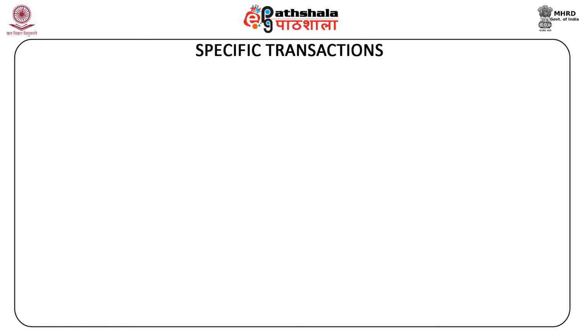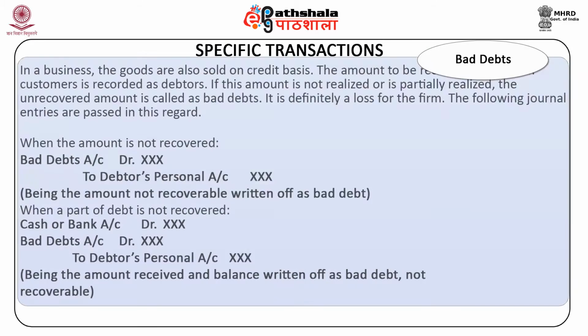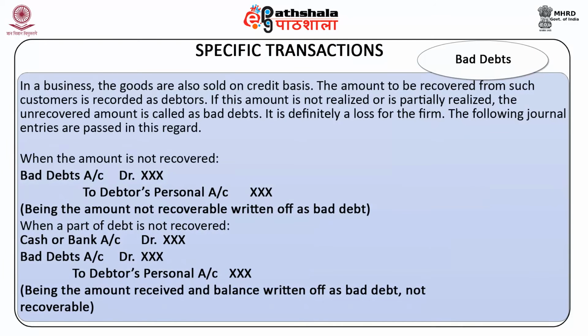Another such transaction is bad debts. In a business, the goods are also sold on credit basis. The amount to be recovered from such customers is recorded as debtors. If this amount is not realized or is partially realized, the unrecovered amount is called as bad debts.